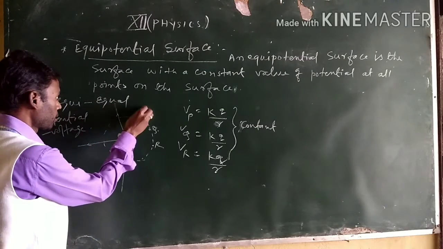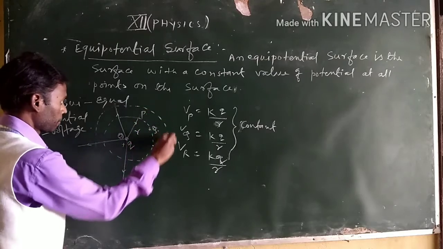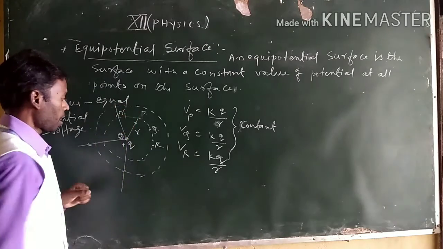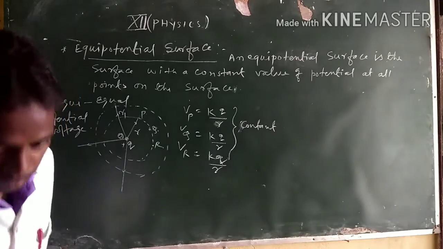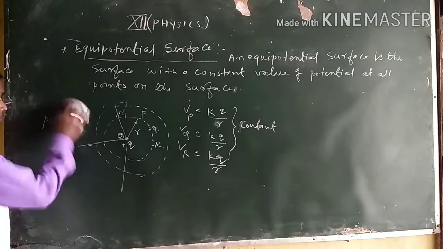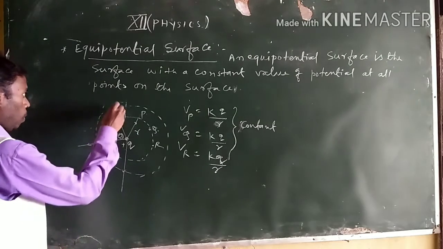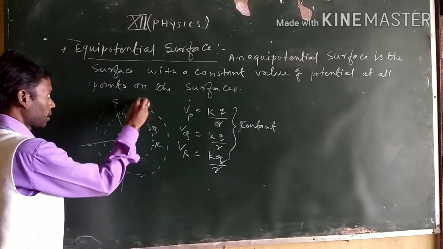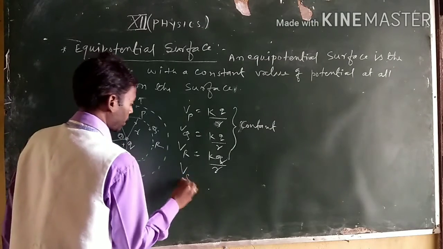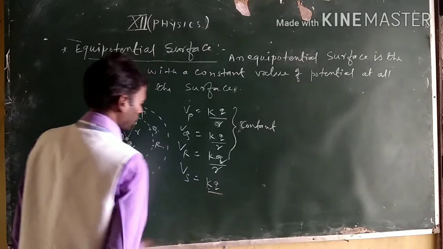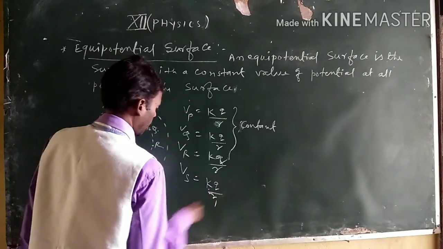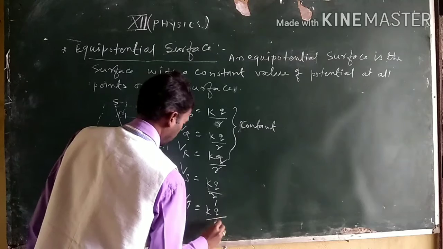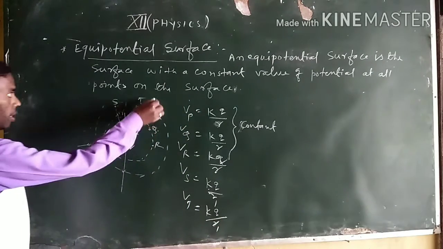Similarly, we increase the radius. Suppose this is radius R1, with points S and T on it. The potential at S is equal to KQ divided by R1, and the potential at T is equal to KQ divided by R1.